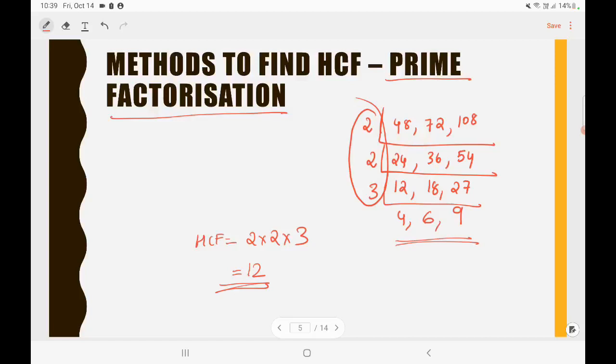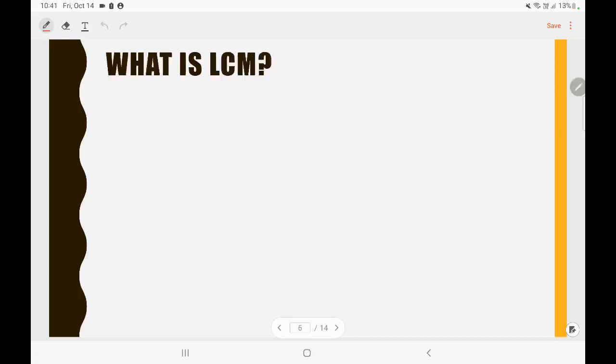Whichever method you use, you will get the same HCF. So whichever method you find easier, you can use that. But mostly we'll be using the prime factorization method, which I suggest you use, except in some exceptional cases where you will use the repetitive subtraction method.